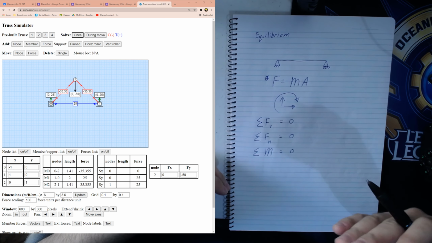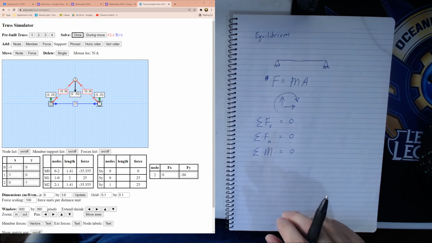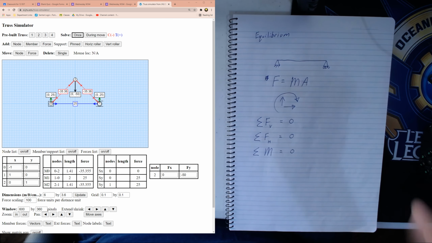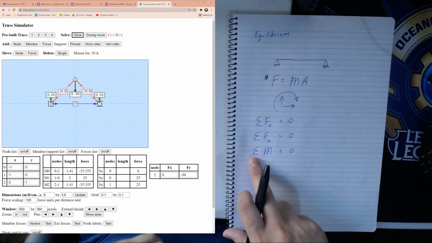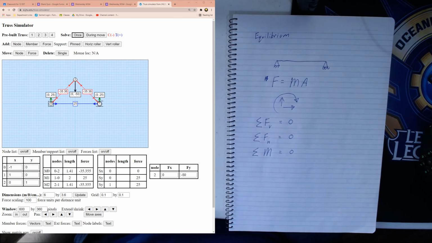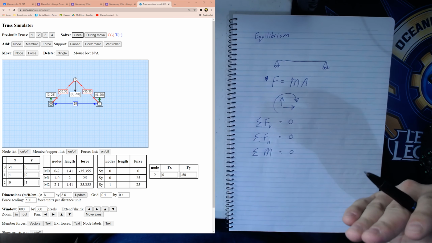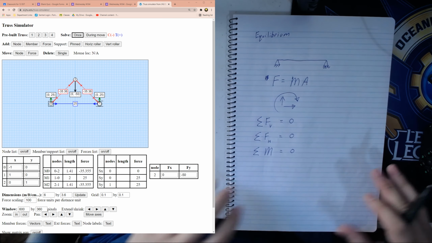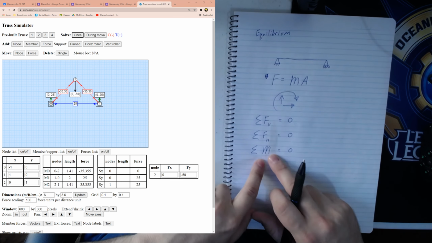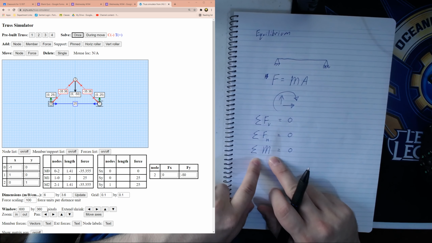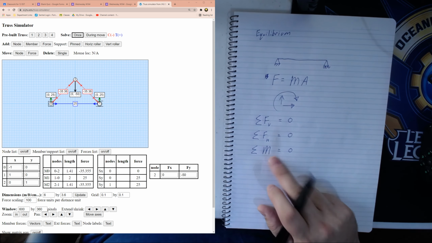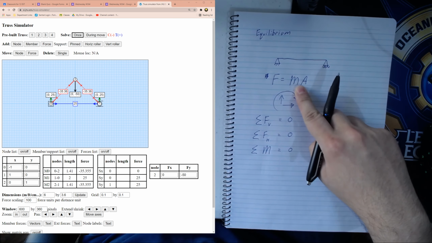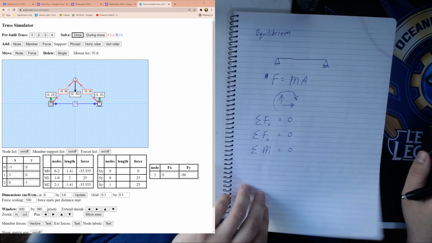If you want an object to rotate, you put a moment. So by the same logic, we don't want our bridge to spin around. We're going to say the sum of all moments on the civil structure has to equal zero. I think this is uppercase, and I think mass is lowercase m.